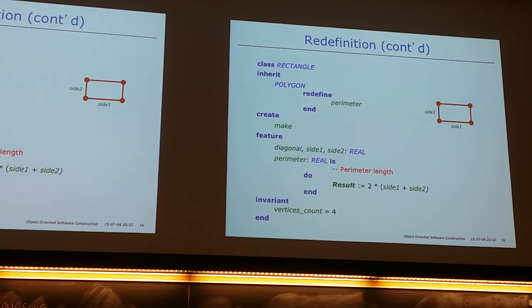Now, if we go to somewhere more specialized, let's say we are now in the rectangle, which is a more specialized version of polygon, we can redefine, which is the plus plus I just mentioned. Redefine parameter by saying, now to calculate the parameter for rectangle, I simply add up the two sides and multiply by 2, right?